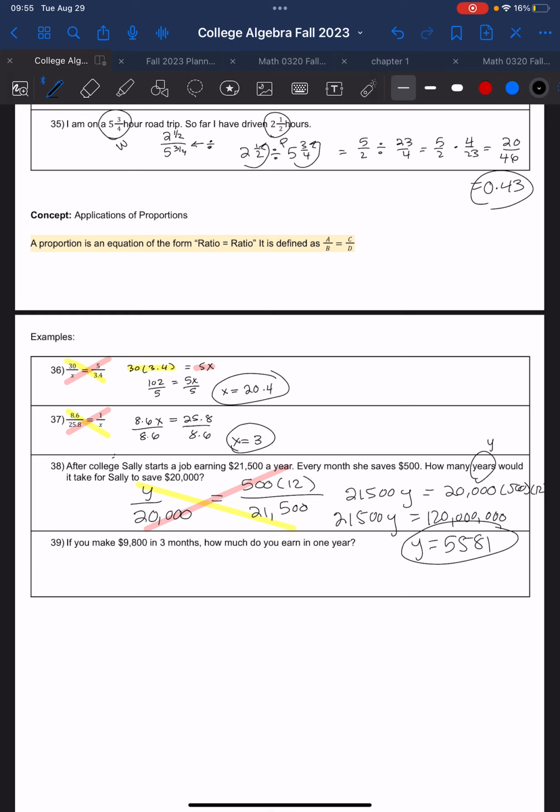If you make, for 39, if you make 9,800 in 3 months, how much do you earn in 1 year? So 9,800 in 3 months, how much would you earn in 1 year? But since everything is in months, I'm going to say 12 months because that's equivalent to 1 year. Cross multiply.